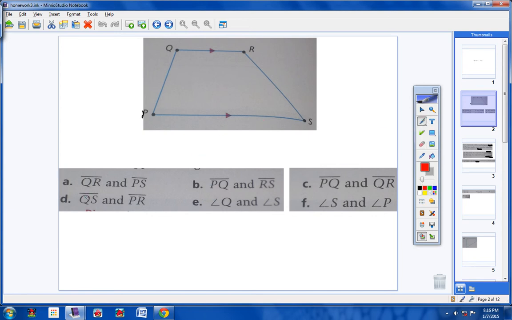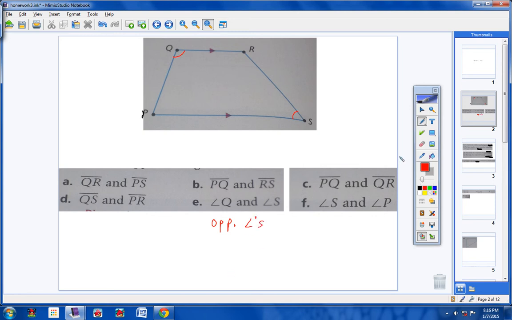So, okay, we just did this one here, and now we're moving on to angle Q, this angle here, and angle S. Well, guys, they're opposite angles. They're across from each other, so we call those opposite angles.